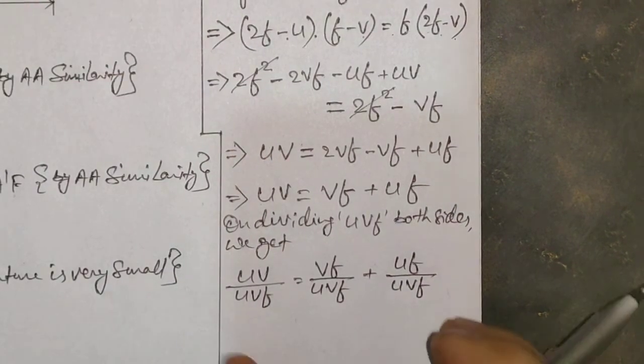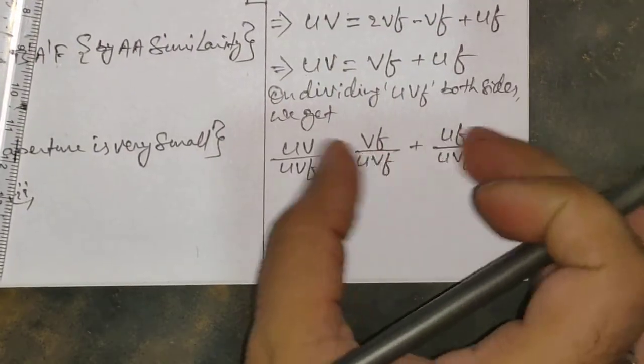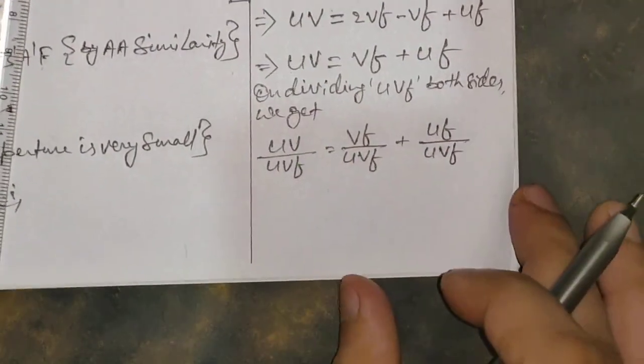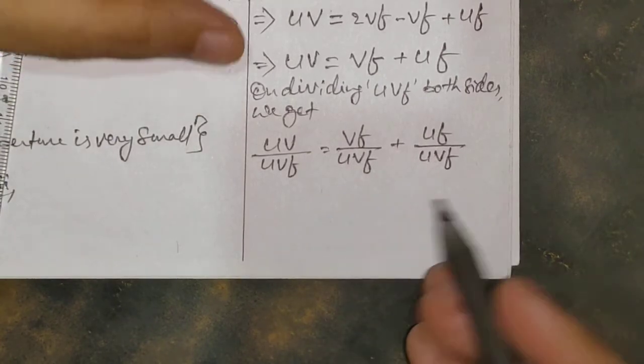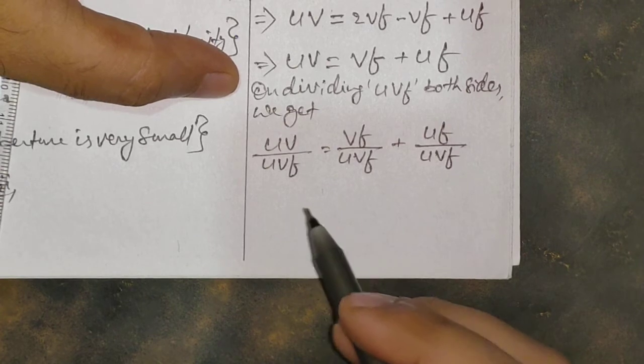I don't think anybody is going to have a problem in this step, because we are dividing, so obviously it will get split. I hope everybody understands this. Okay, now let us continue.